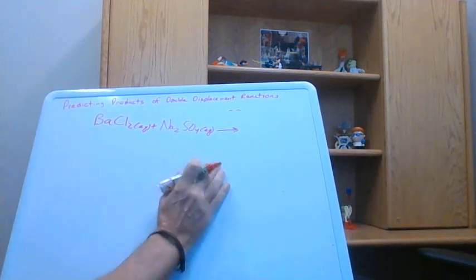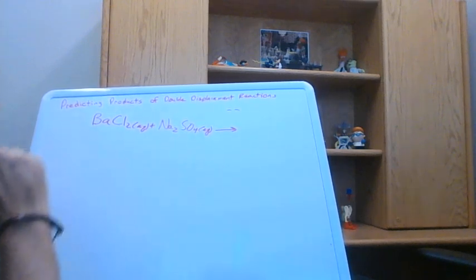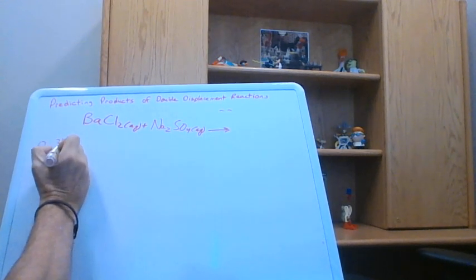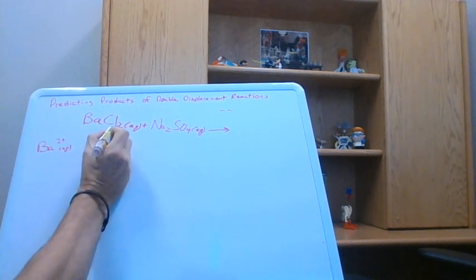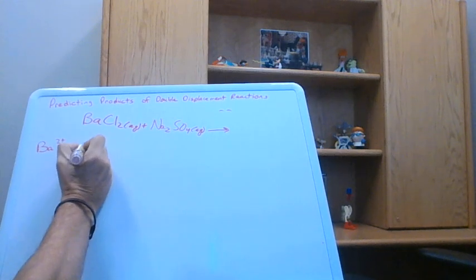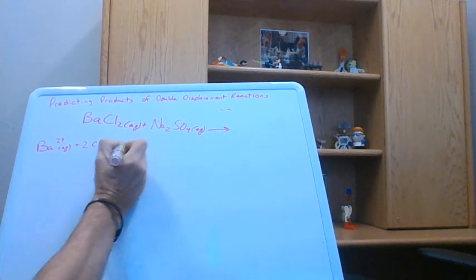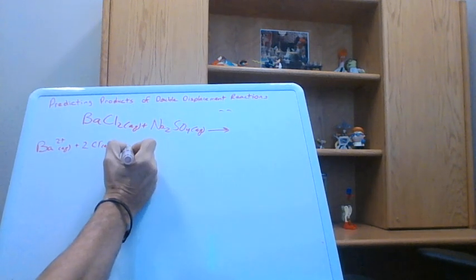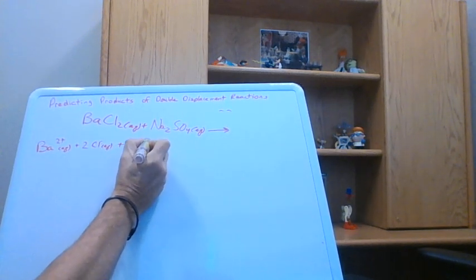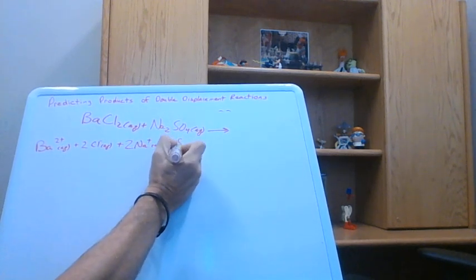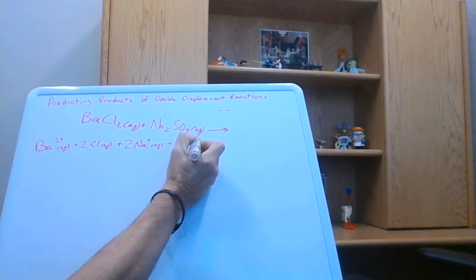And once again, if we break it apart into the ions, because it's aqueous, what we'd have in solution is barium cations, and then there's 2 chlorine here, so 2 chlorides. And then we have 2 sodium, so we'd have 2 Na+ aqueous, and then we'd have 1 sulfate polyatomic ion here.